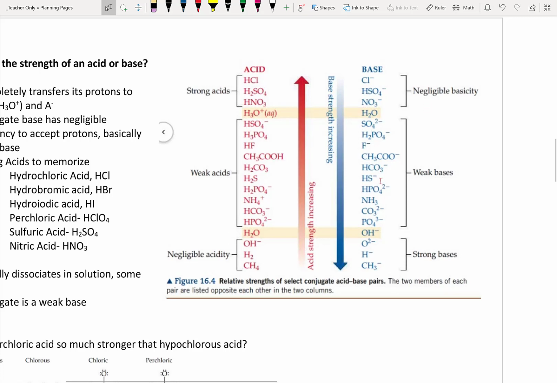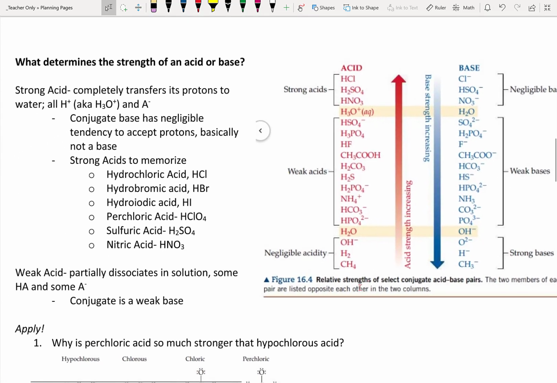Weak acids become weak bases. And if we had a strong base, it's not going to be a very good acid. So they're inversely related, from those conjugate acid-base pairs. As the acidity goes up, the strength of its conjugate base goes down.